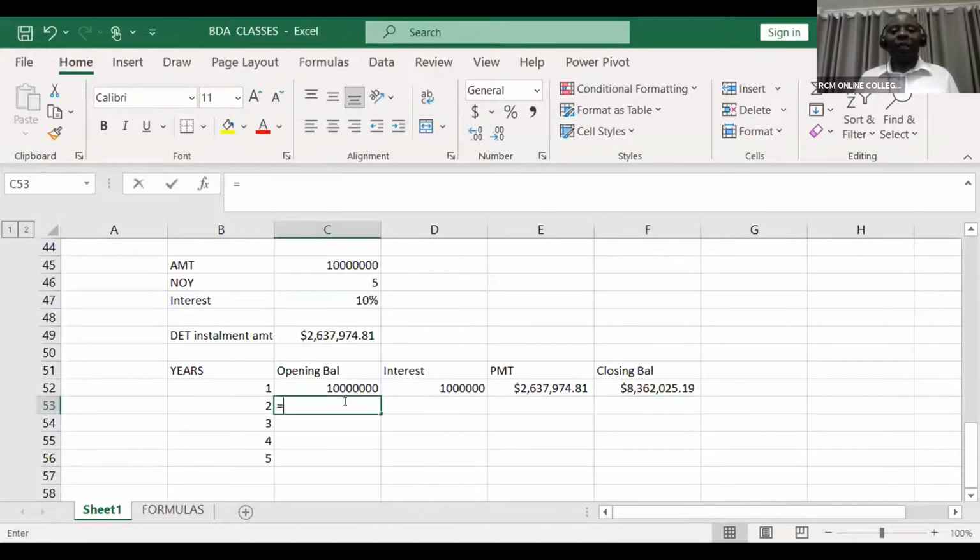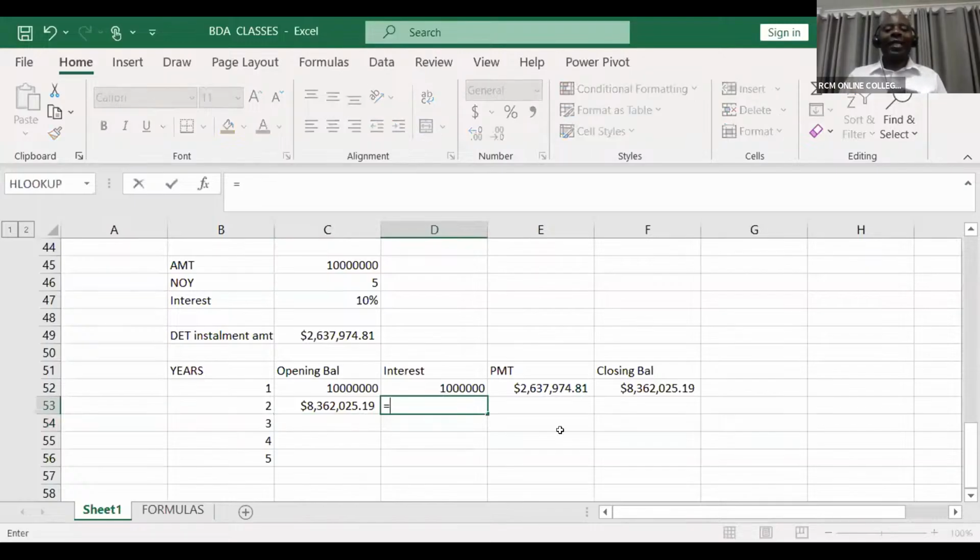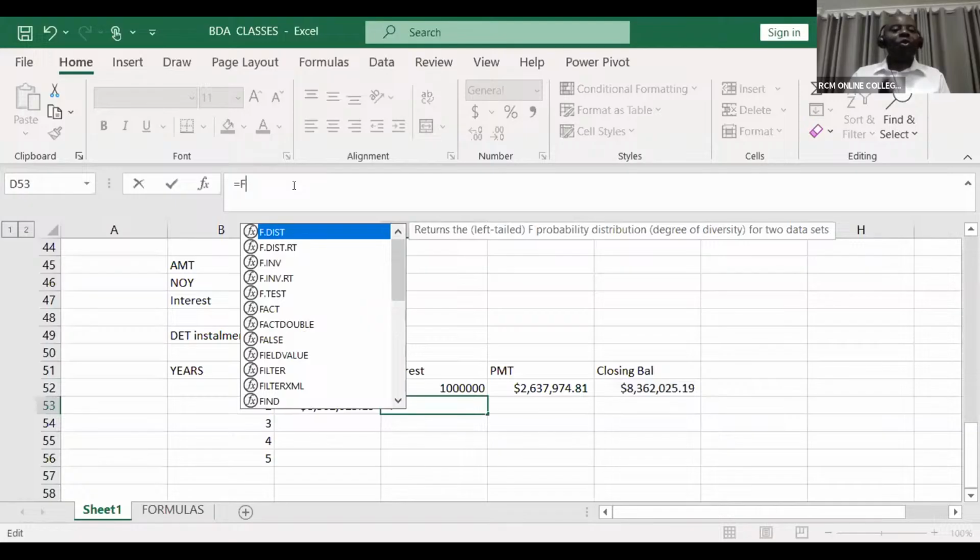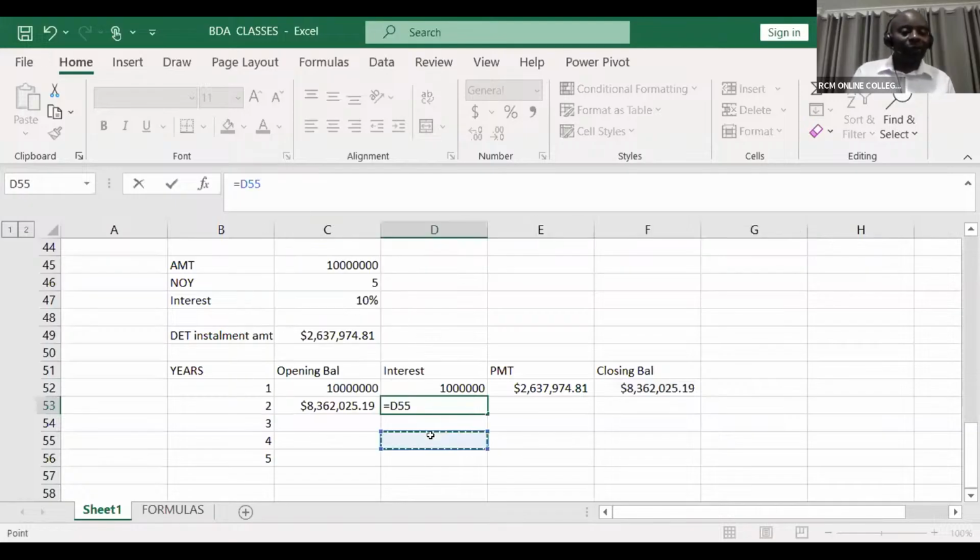So year number 2, my brother, what do you know about close? Take the closing balance there. Calculate interest, and please remember to always do away with all ID10T errors. No, that will not be correct, my friend. Interest is always pegged on the opening balance, not the closing balance of the last year.